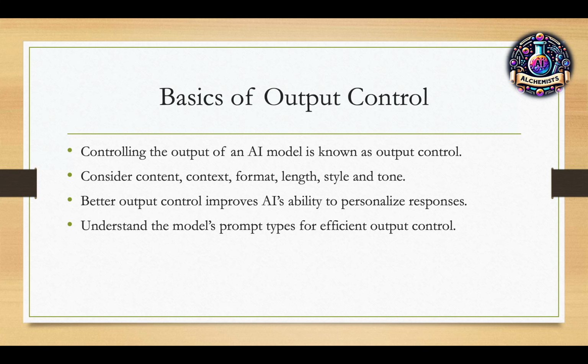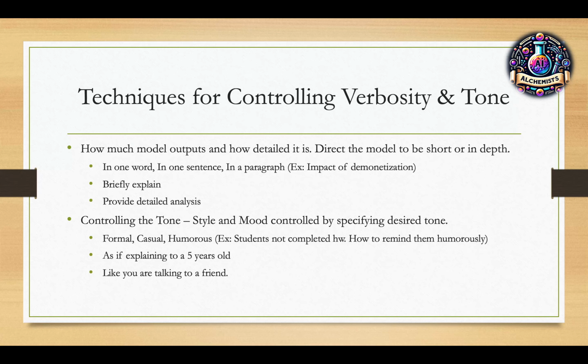Consider content, context, format, length, style, tone, all those things, to get the desired outputs from the prompts. Better output control improves AI's ability to personalize the responses. Understand the model's prompt types for efficient output control. So basically you can control the verbosity, you can control the tone.